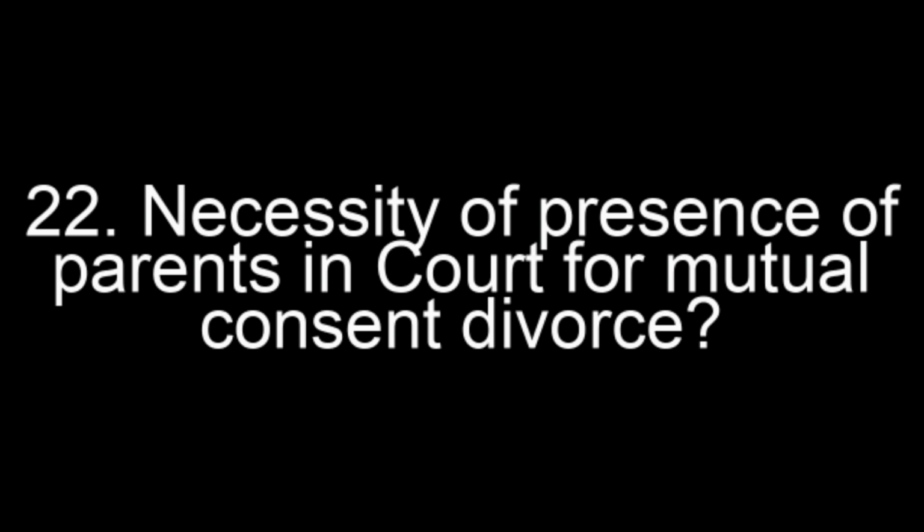These three elements form important components of the MOU between the husband and wife, and that must be filed in the court. If they are married under the Special Marriage Act, then also this concept of mutual consent divorce can be attempted. Parents are not necessary to be present while obtaining this mutual consent divorce decree.